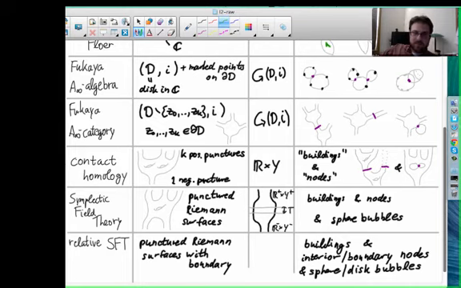And the most basic version of contact homology is one positive puncture. So you should flip this entire picture. All pictures should get flipped. Also, restricting to one positive puncture only makes sense when the genus is 0.